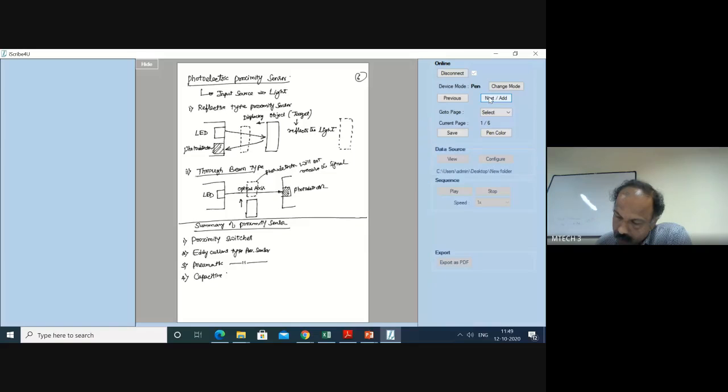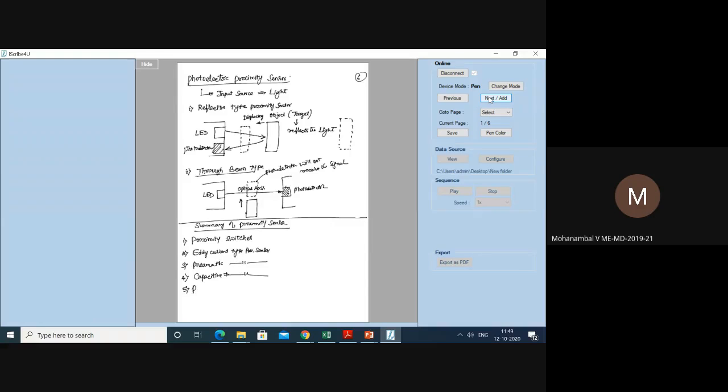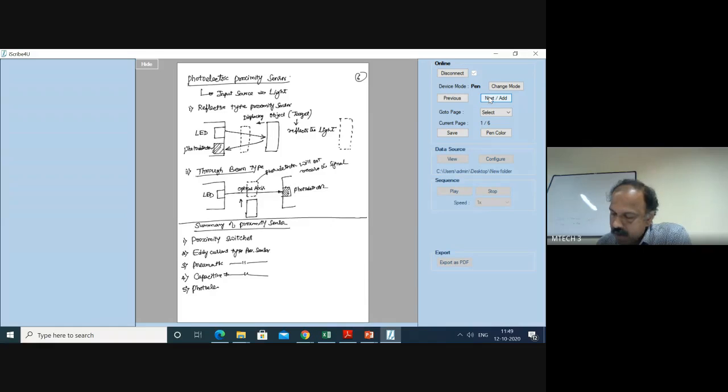Fifth one, photoelectric proximity sensor. In photoelectric, we have two specifically. One is reflective, correct? The second one was through beam. Now just observe.